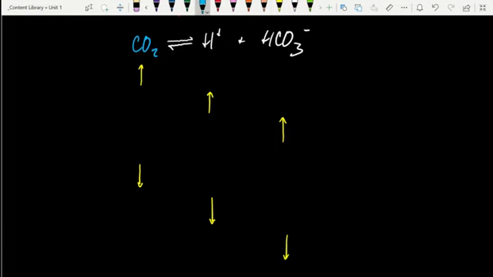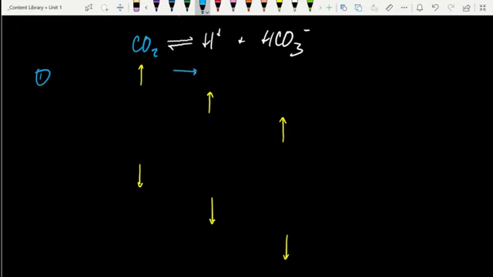So the first thing I want to do is figure out which direction the reaction is going to go. Remember, from our discussion up on top, let's start with this first one right here. If I increase CO2, this is kind of like increasing the couples. And so what am I going to see? I'm going to see an overall net drive to the right.